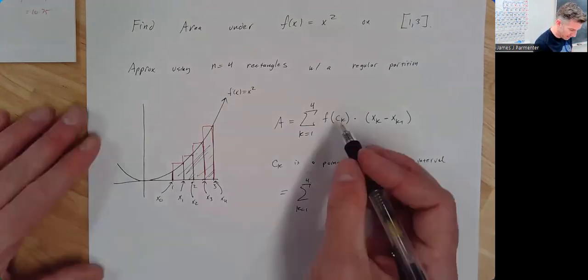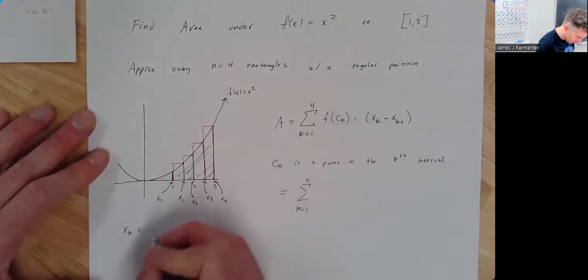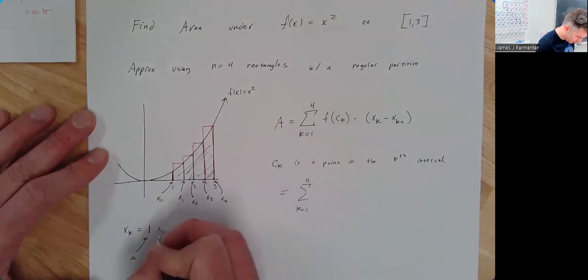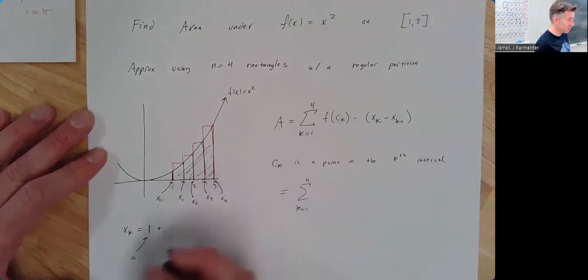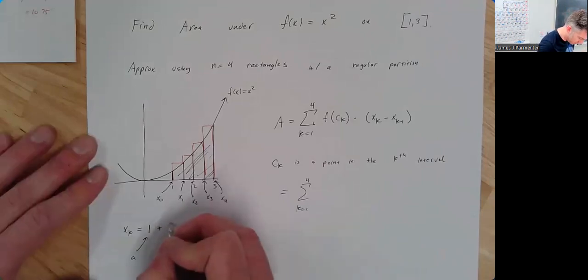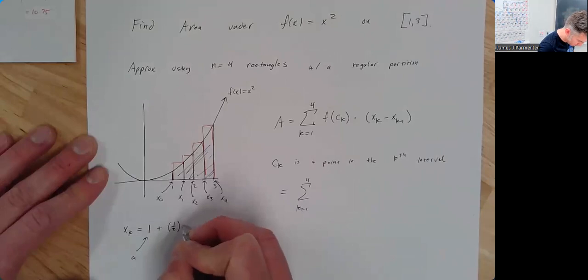So x sub k is equal to my first point a plus my interval width, assuming it's a regular interval, meaning it's the same width each time, which in this case is 1/2, times the number of times I want to go over.